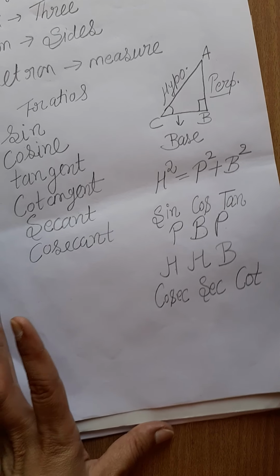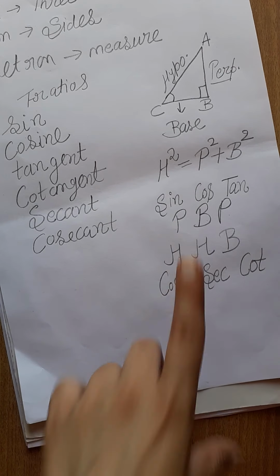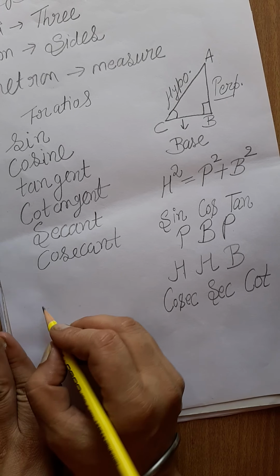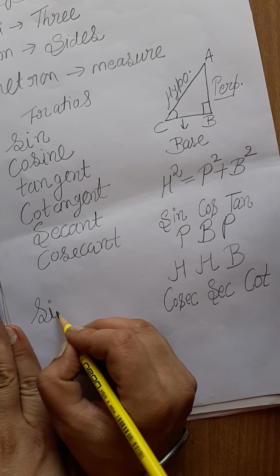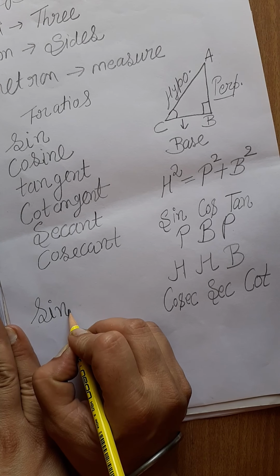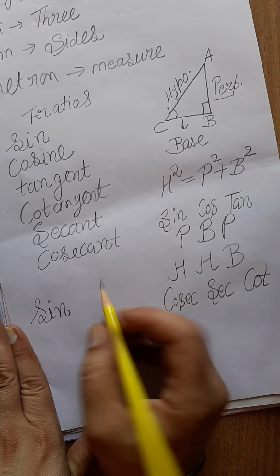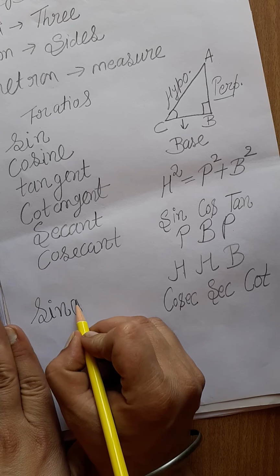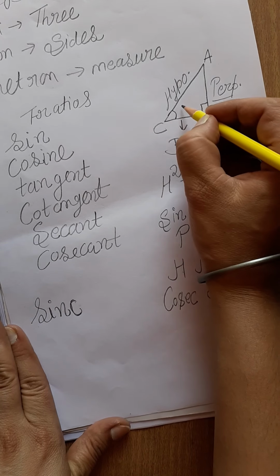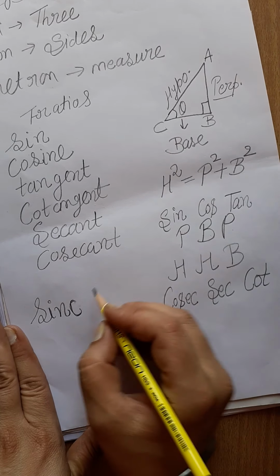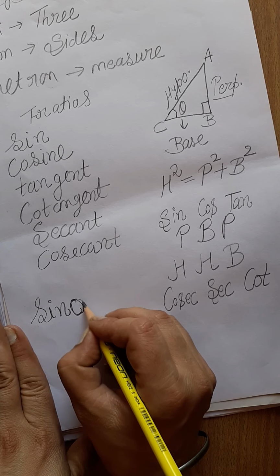Now, from this formula, you can see here sine of any triangle, we can name it angle C. Sine C. Or you can name it theta also. Theta is the angle.